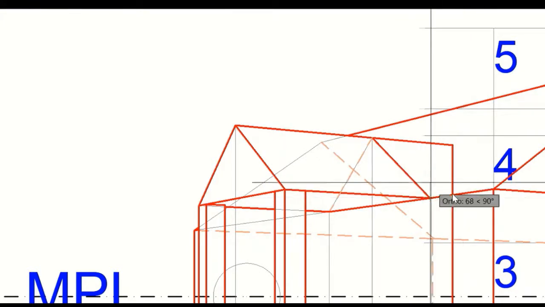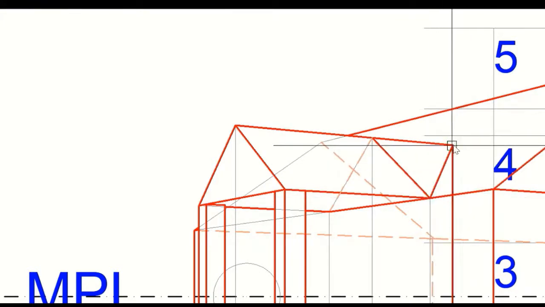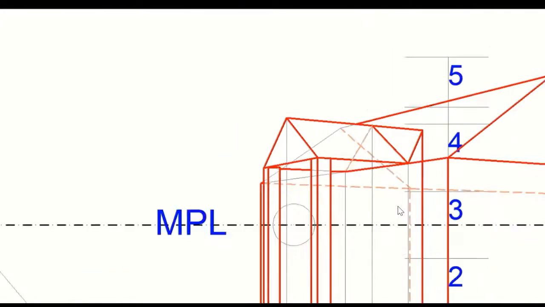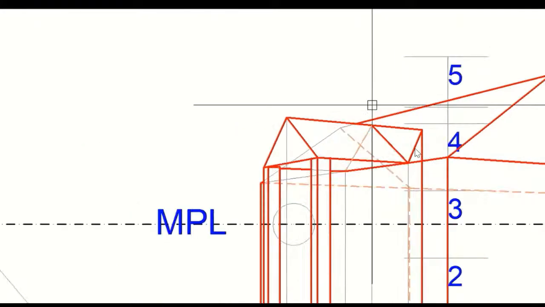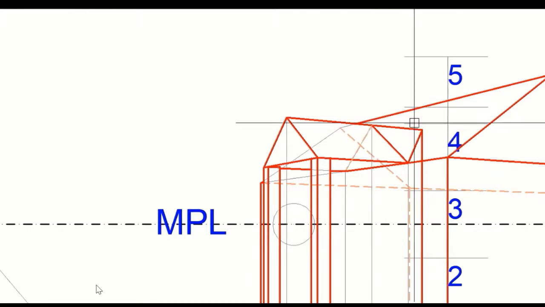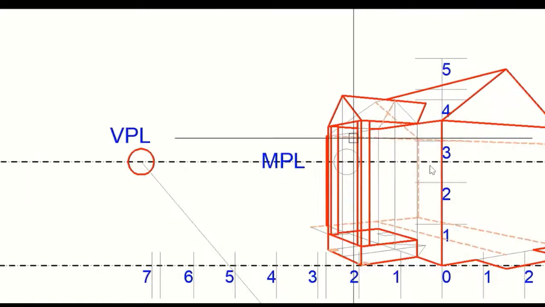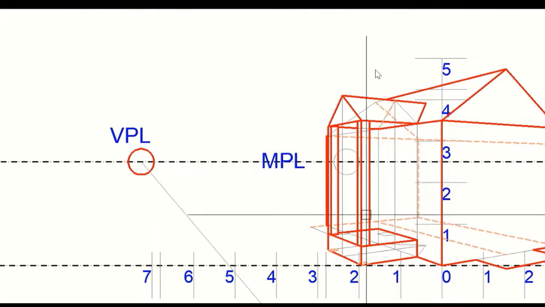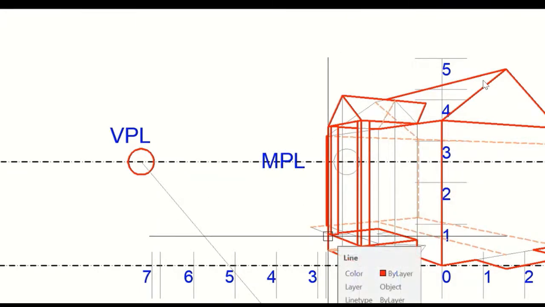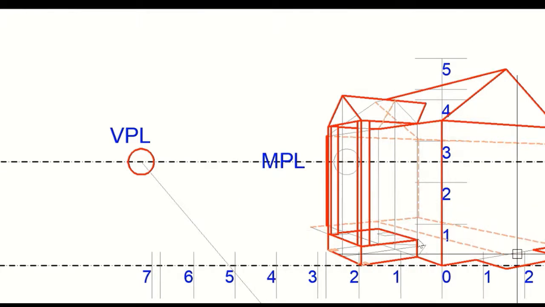And then taking this, delete all the extra lines. This is how it has been created, because this roof has been extended to this roof till here.